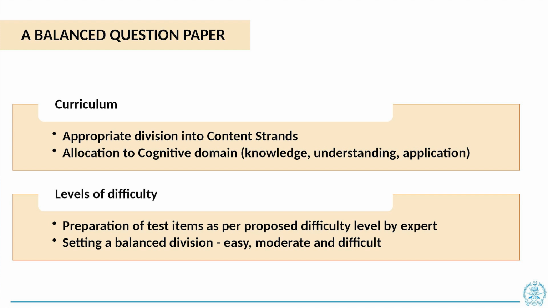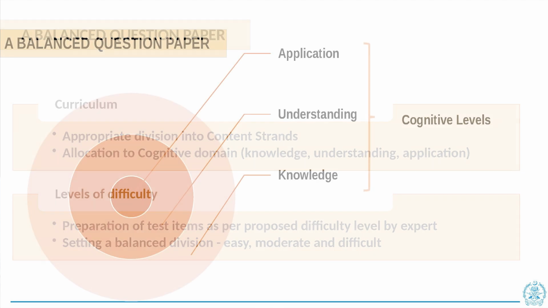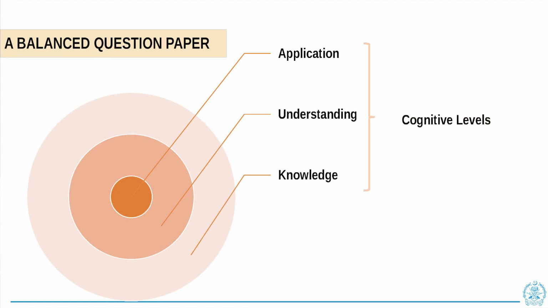The paper setter prepares balanced test items by giving due weightage to the levels of difficulty, that is, easy, moderate, and difficult. A balanced question paper for all board classes is developed as per the preferred cognitive levels in each section of the question paper.